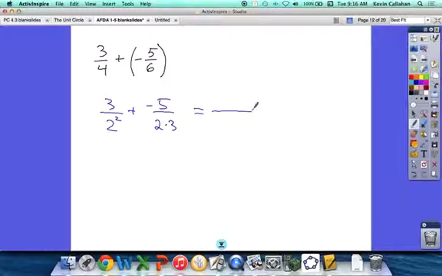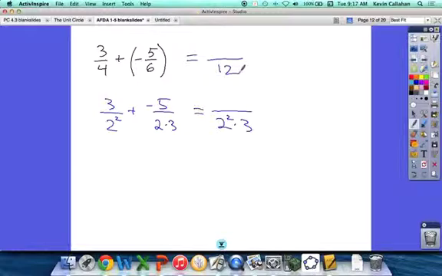So let's see, there should be a 2 in it, and there should be a 3 in it. And then because the 2 is squared here, it has to be squared here. Okay, so actually, that's going to give us a least common denominator of 4 times 3, 12.